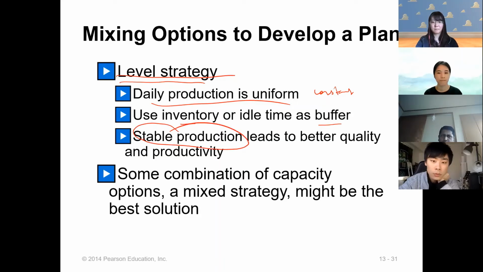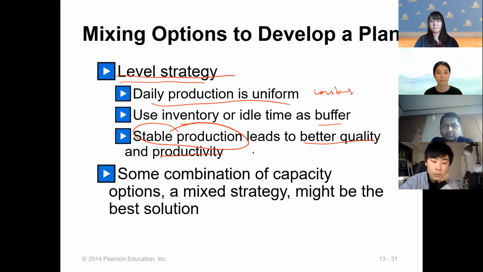Okay, because remember, this is uniform, so it is stable. If you produce, for example, 50 units a day, you're going to produce 50 units a day throughout the planning horizon. And it will lead to better quality and productivity. That's why the automotive industry does this a lot, level strategy. That means you keep the daily production the same, but it will differ from month to month.